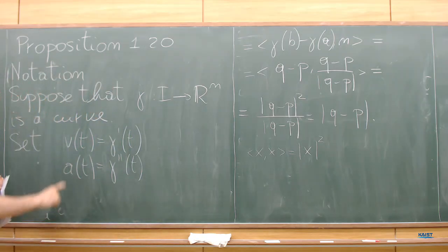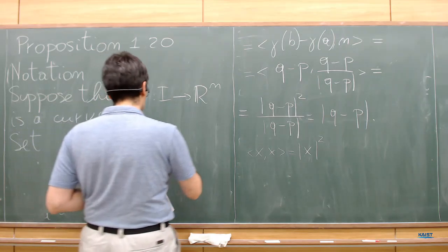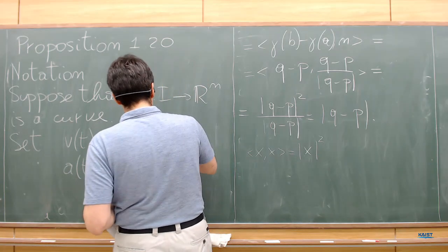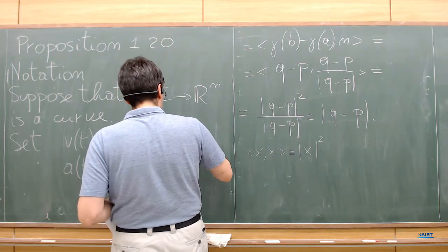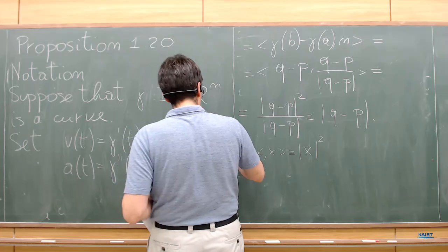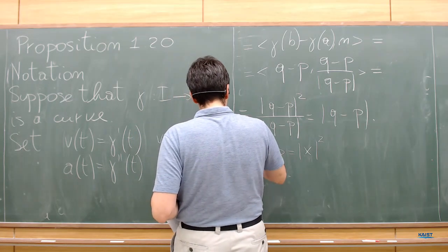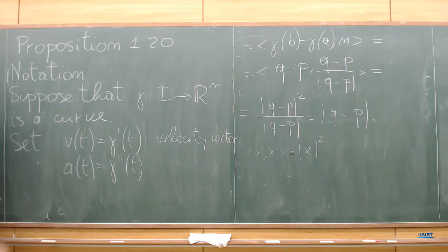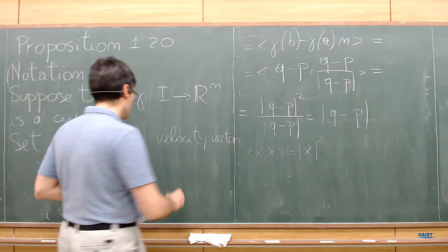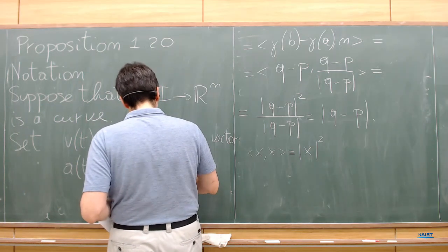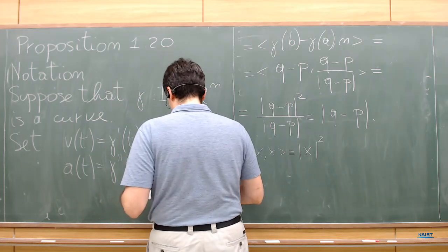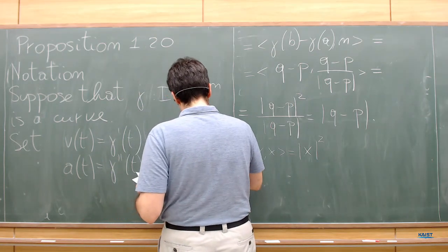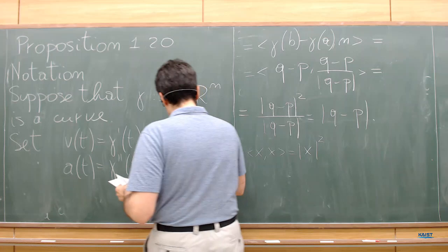We already know that this is the velocity vector, and the second one is what we call the acceleration vector.